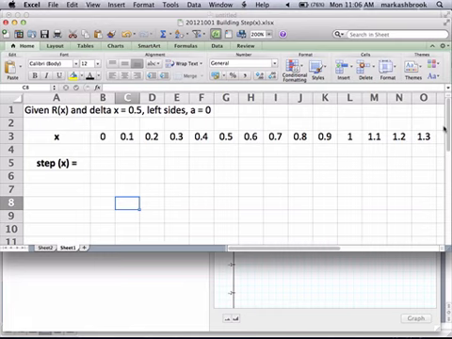Daniel? Perhaps the values from 0 through 0.4 are all R of 0. Okay, stop right there. Daniel, why?